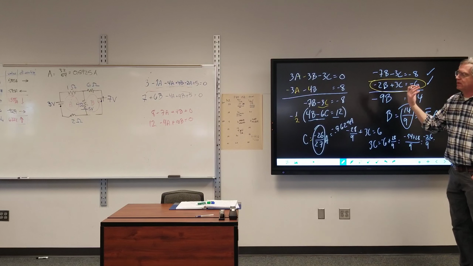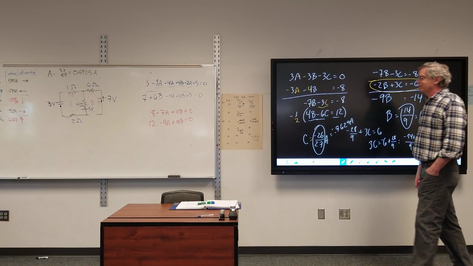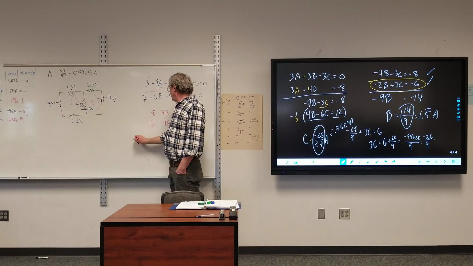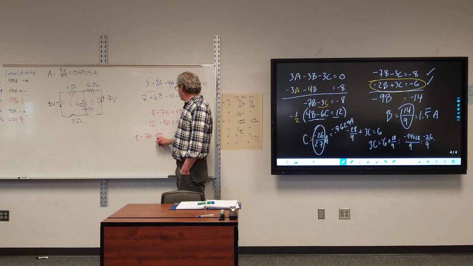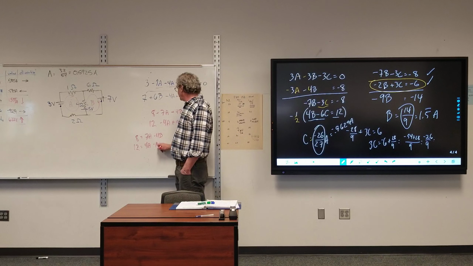And then pick a math technique. Let's do determinants. Why not? So I have 8 is equal to 7A minus 4B, and 12 equals 4A minus 10B.